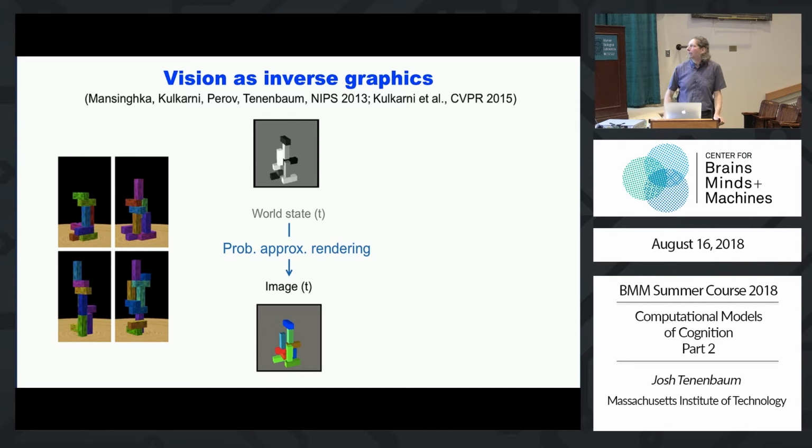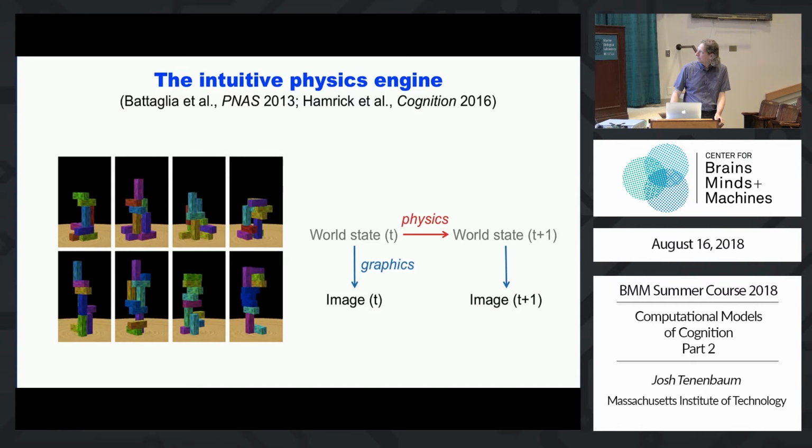I should say, by the way, that the work I'm talking about in general on the intuitive physics stuff here, just for citations, is work that was done by Peter Battaglia and Jess Hamrick when they were in our group a few years ago, and published initially in PNAS in 2013, and some later work that Hamrick et al. did in Cognition.